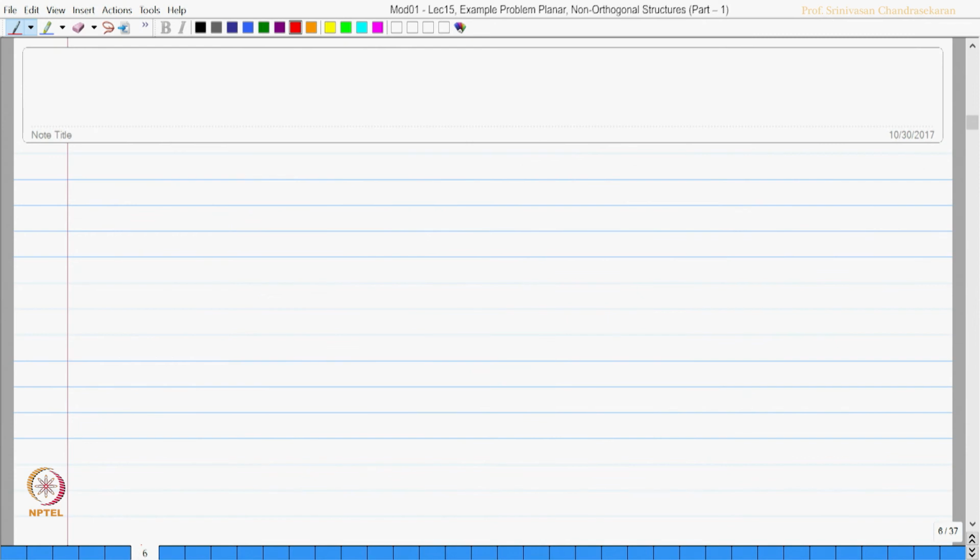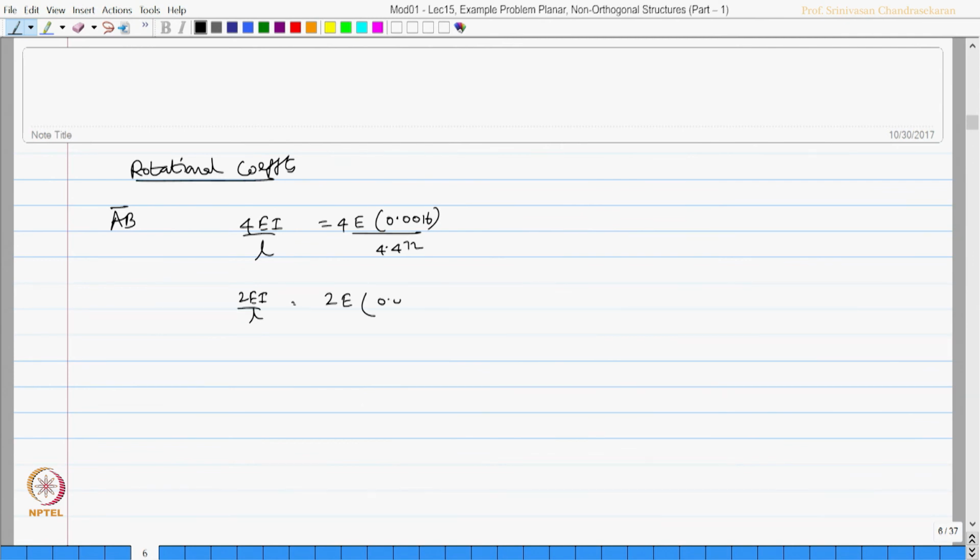After we do this, let us compute the rotational coefficients, because we need them for the stiffness matrix. Let us do it for the member AB. It is going to be 4 E I by L, which is going to be E I times 0.0016 by 4.472. Similarly, 2 E I by L, which is 2 times 0.0016 by 4.472.